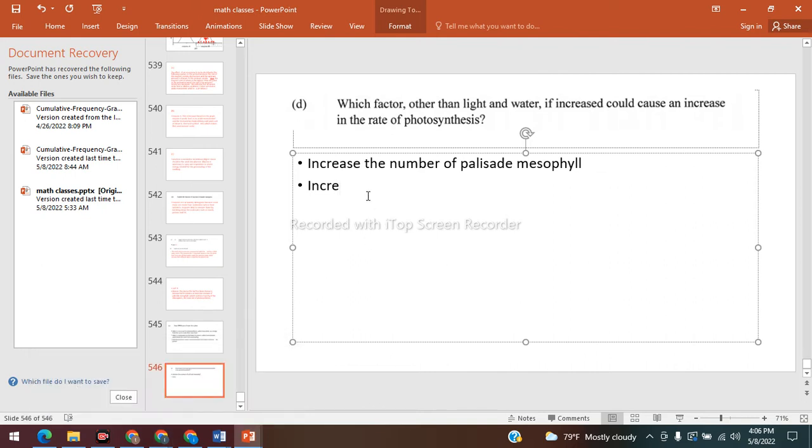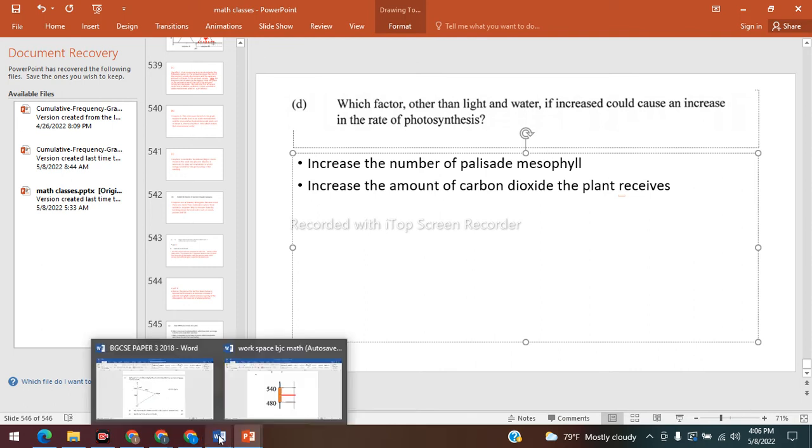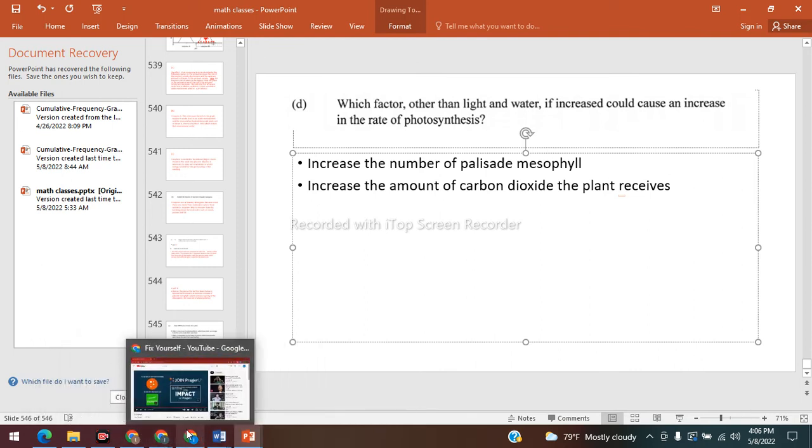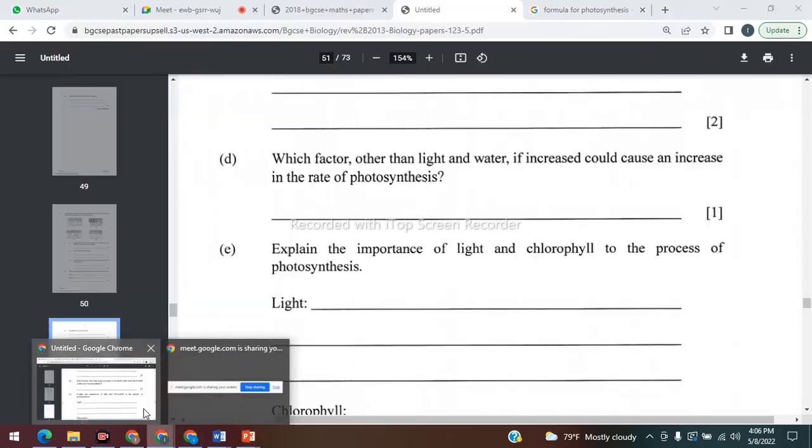Yeah, you can also increase the amount of carbon dioxide the plant receives, right? You understand why we would want to do that? Because the plant also uses it to make food.